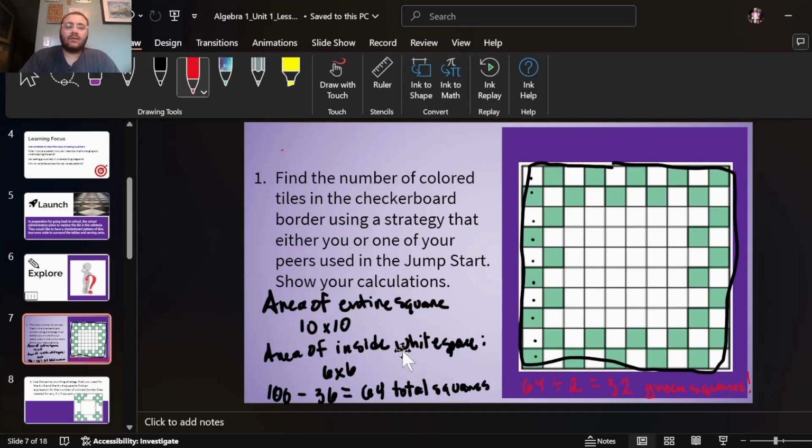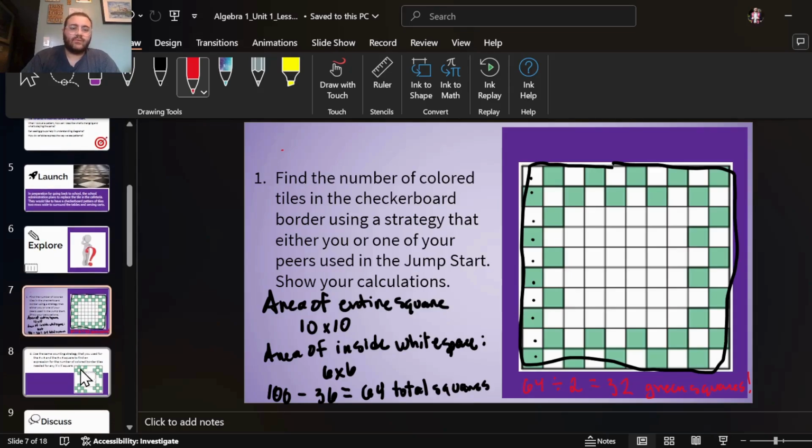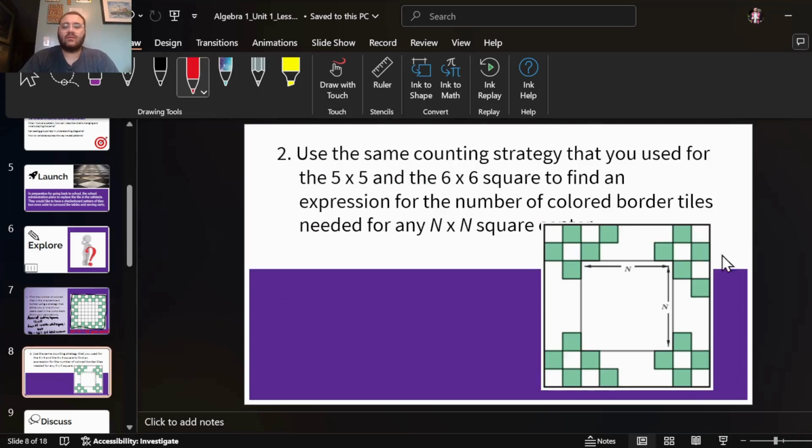So I like to hold on to this strategy for the rest of the lesson. This is what I ask students to do. I'll also ask students to share their ideas and maybe compare strategies, but for their own personal work, I want them to hang on to the strategy that makes the most sense to them.